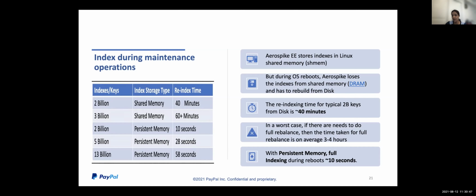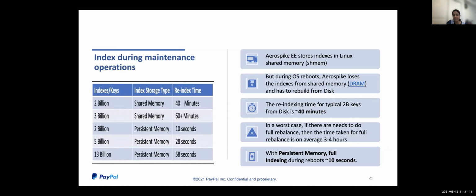This is the same point that we were emphasizing on in our previous slide, that indexes can be rebuilt from the data in the disk. And the same index rebuilding is being used during OS reboots, which is taking time here. If we see, the average re-indexing time for a typical 2 billion keys is 40 minutes.